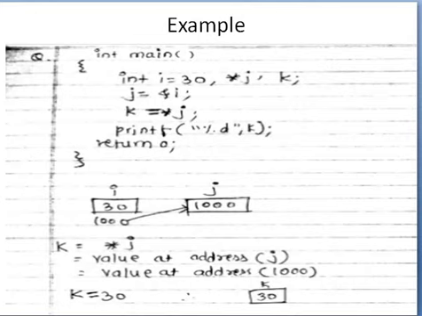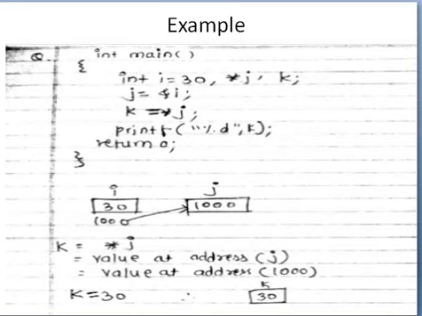So the explanation is given here along with diagrammatical notation. The memory location has the name i having value 30 along with its address as 1000, and star j represents the address of i. k is equal to star j.